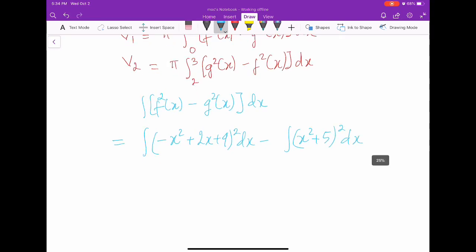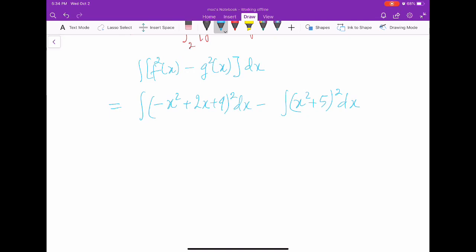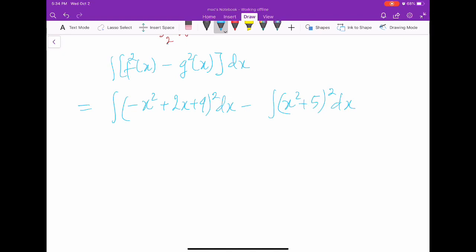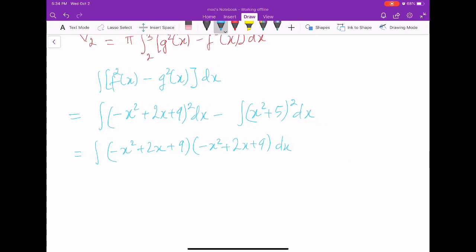So our job is just to open parentheses and then evaluate the integral. Let me do the first one. This is a pretty long integral. So I write negative x squared plus 2x plus 9 times negative x squared plus 2x plus 9 dx. And in the other one, I write x squared plus 5 times x squared plus 5 dx.